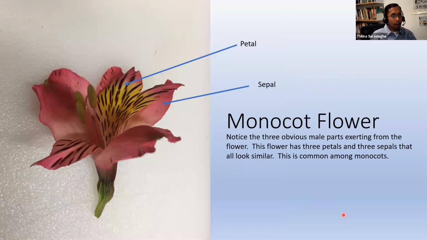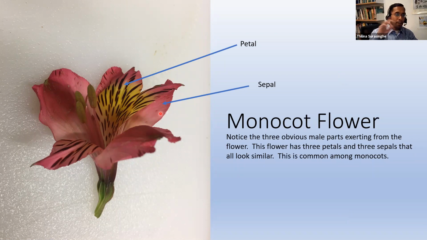Now, the two critical parts that sometimes could be confusing are petals and sepals. Yes, in most plants, petals are colorful, sepals are green. Not always. Look at this monocot flower. The more colorful parts are actually the petals, the other parts are sepals.